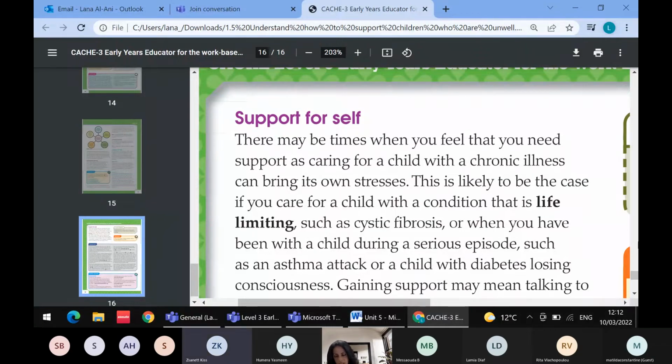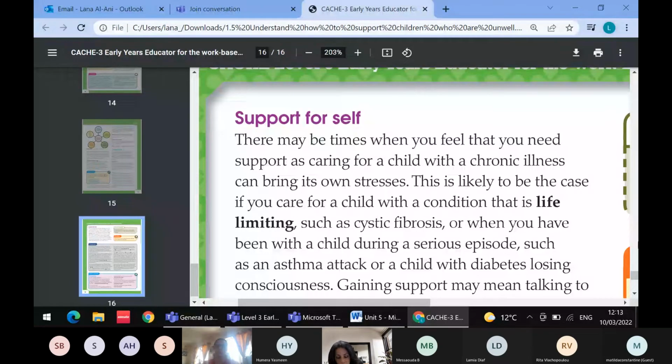This is likely the case if the child has a condition like a life-limiting illness. There are so many illnesses that could be life limiting and can affect their lives.